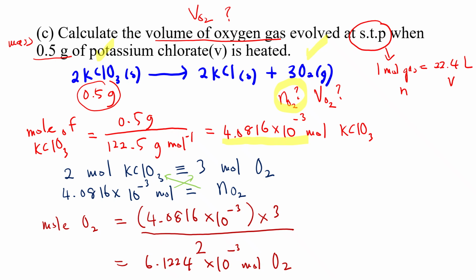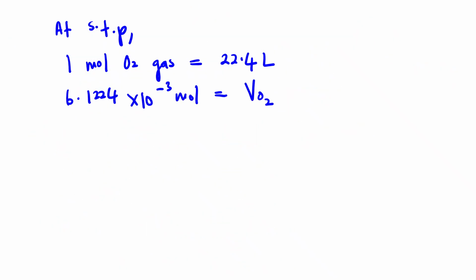So next, we can find volume of oxygen at STP. Daripada number of mole of oxygen yang awak dah jumpa tadi, nak cari volume of oxygen gas, if you still unsure nak darab ke nak bahagi dengan its molar volume 22.4 ni, again you can use this general statement. Okay, so 1 mole of oxygen gas equals to 22.4 liter. So mole yang dah jumpa tadi tu masukkan di sebelah mole.